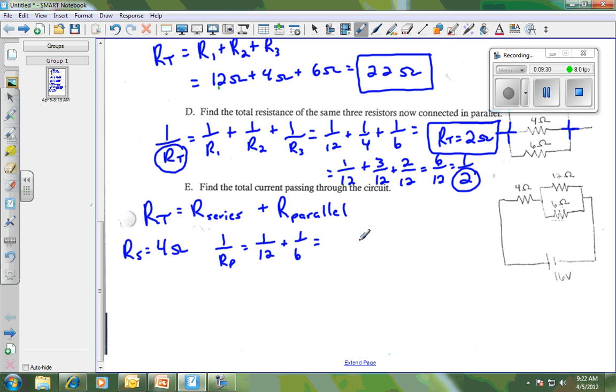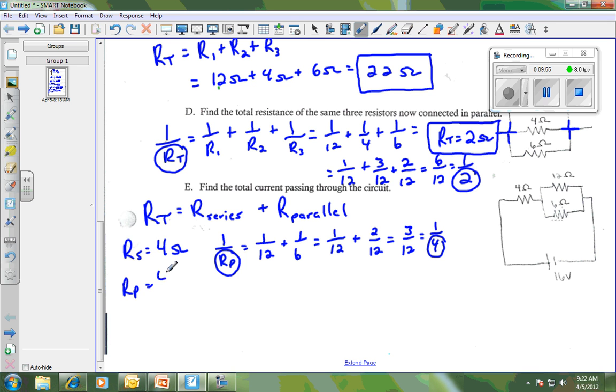Common denominator is 12 again. So that's 1 over 12 plus 2 over 12, which is 3 over 12, which reduces to 1 over 4. The resistance in parallel is 4.